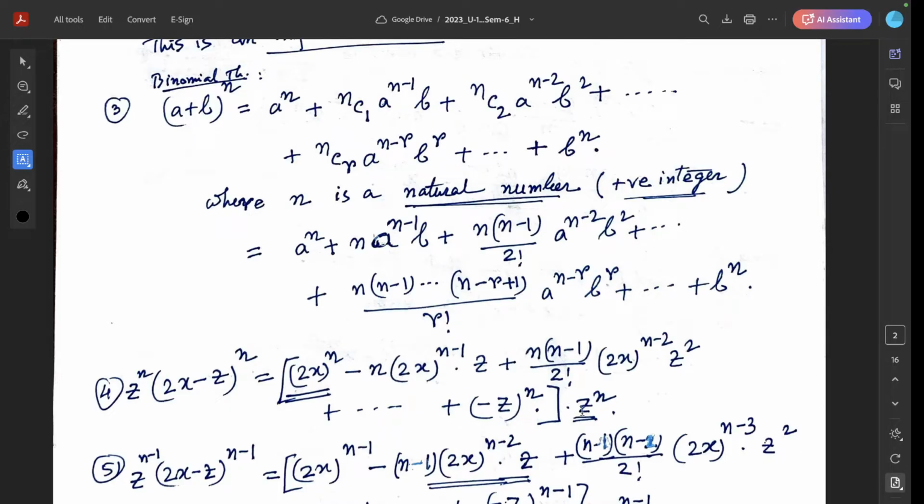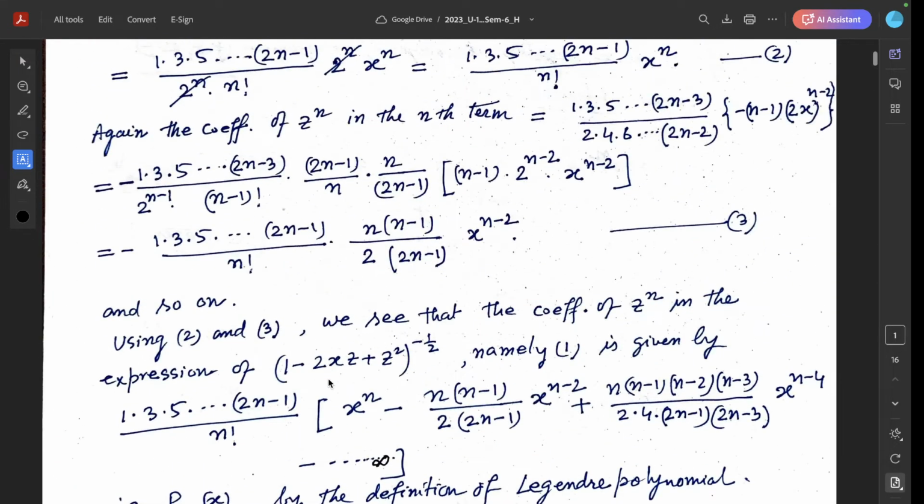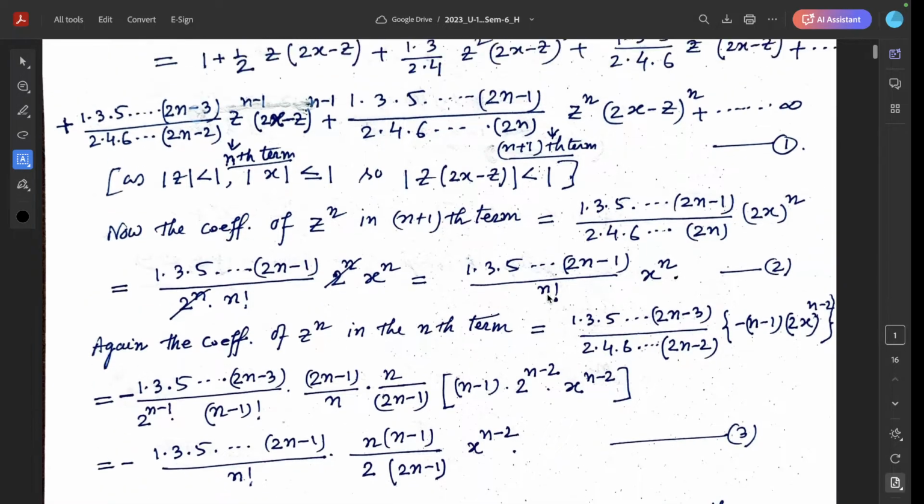If we multiply by z to the power n, we get only (2x) to the power n times z to the power n, and the other terms are z to the power n plus 1, z to the power n plus 2. So the only coefficient is (2x) to the power n, so we write here (2x) to the power n.